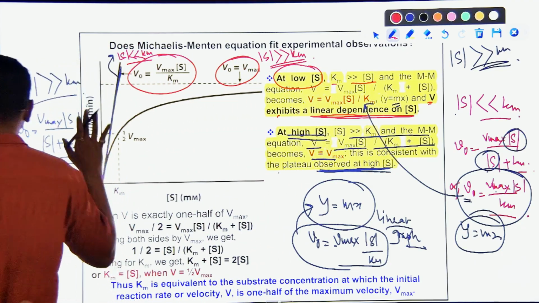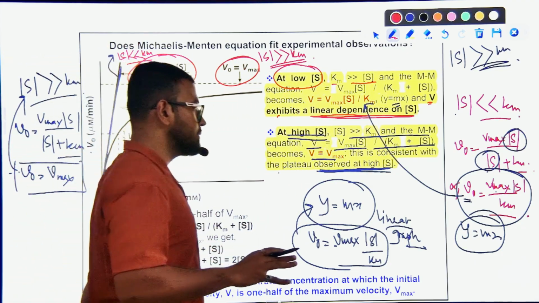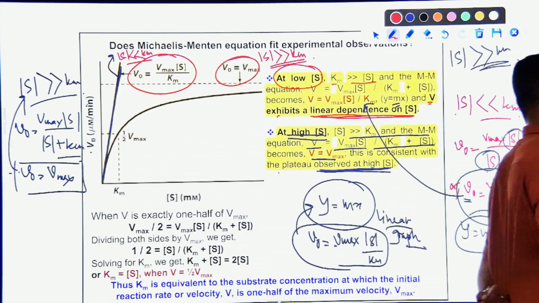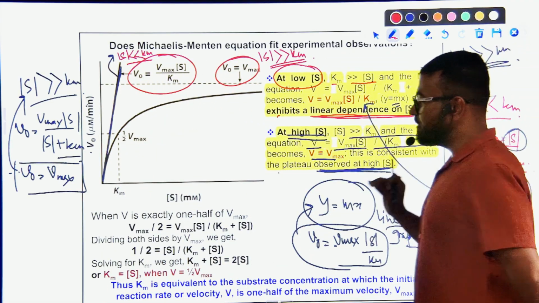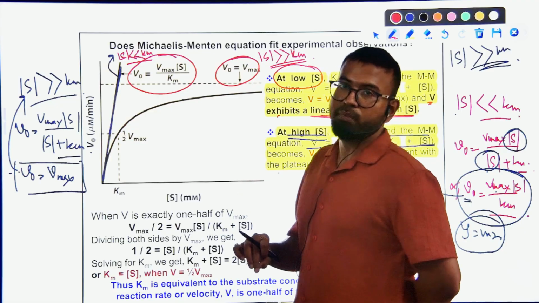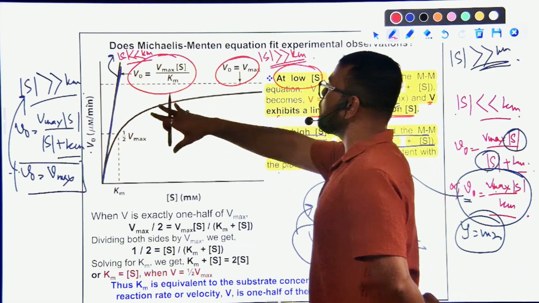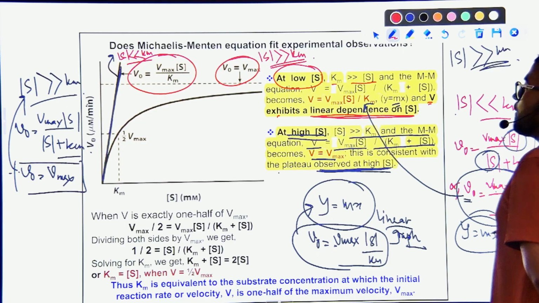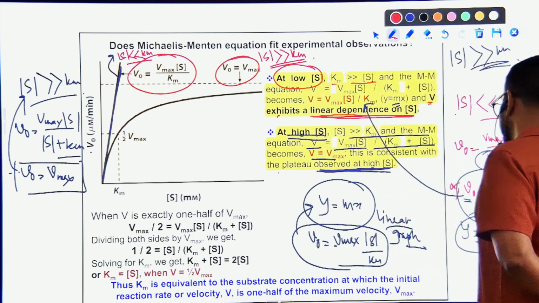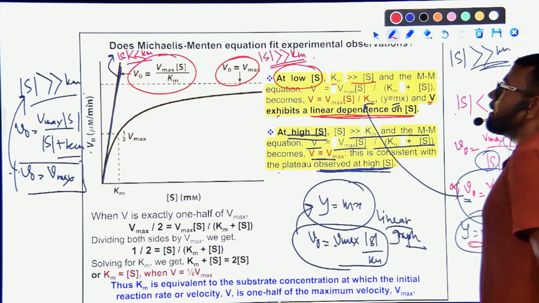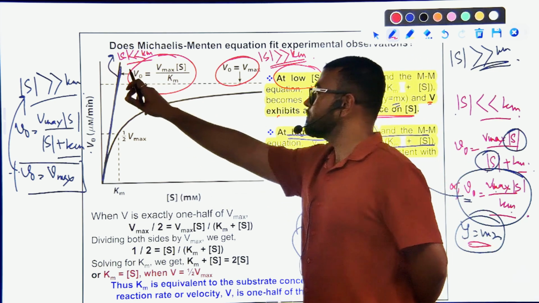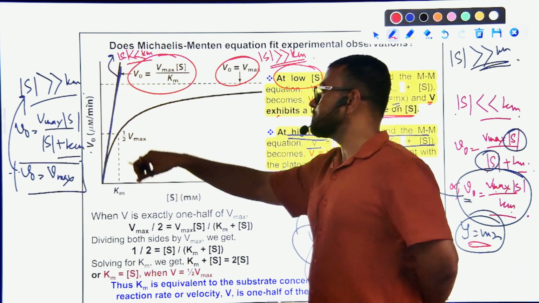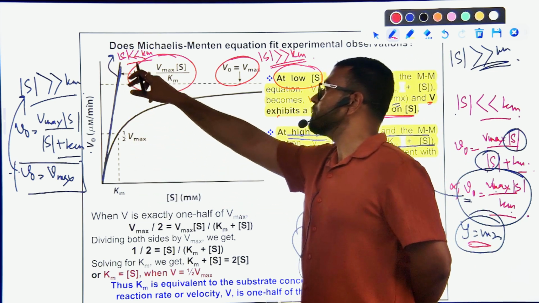All of you must pay attention over here. This explanation is very interesting and very informative as well. So V naught equals Vmax into substrate by Km. Why is it linear? Because we are following the typical straight line, Y equals mx, where S is much less than Km.